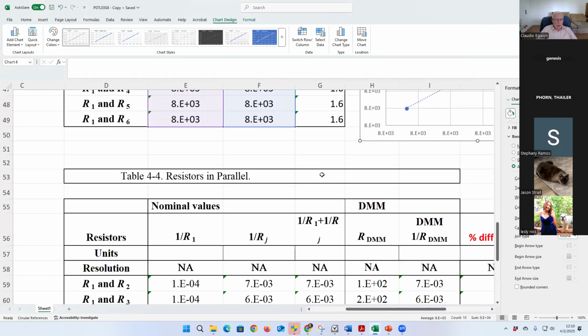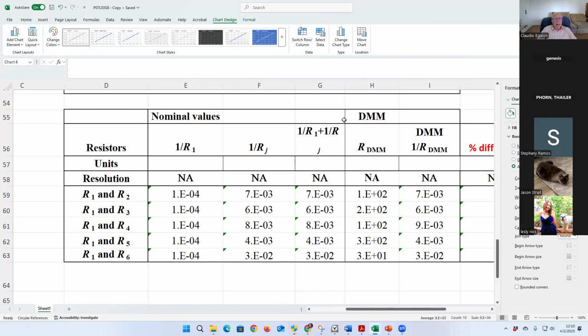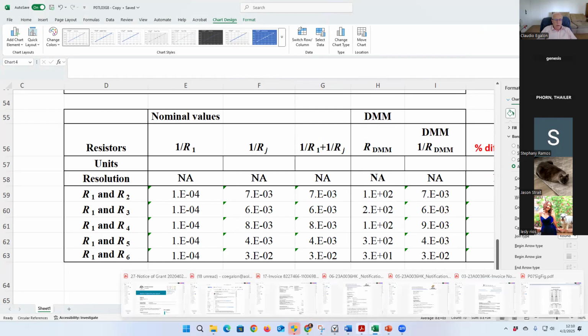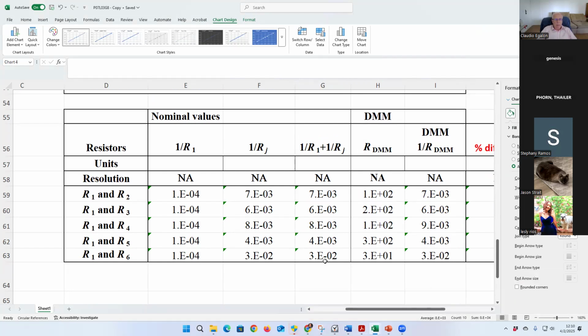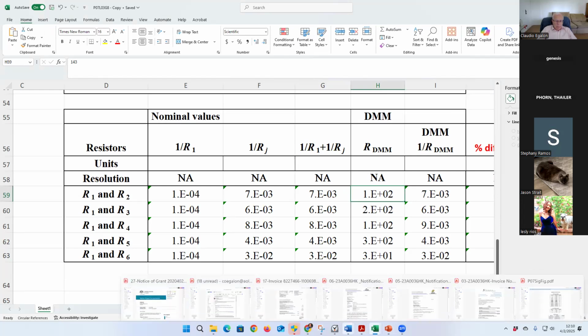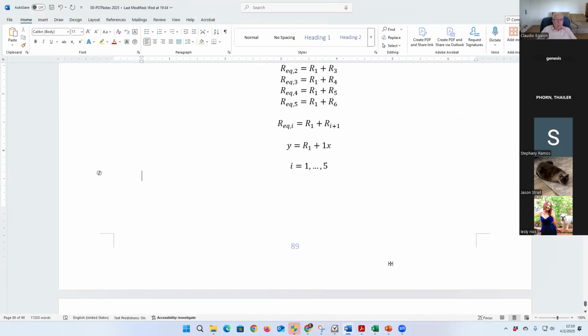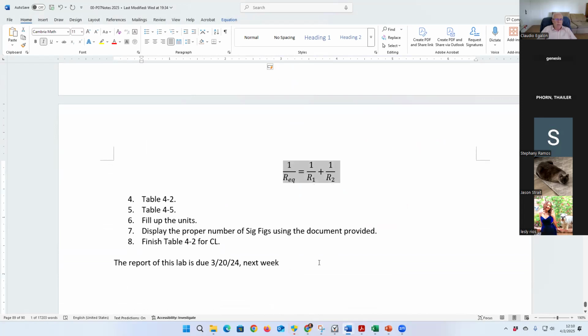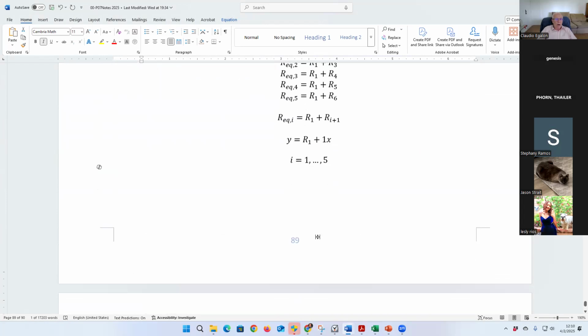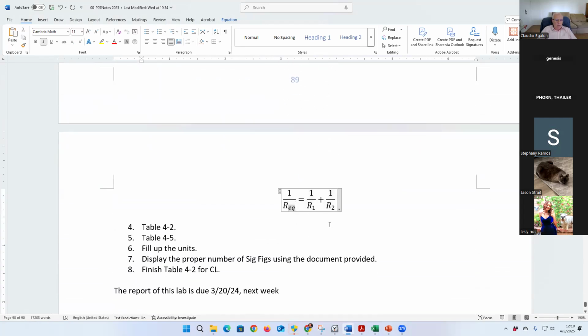What about the resistors in parallel? For the resistors in parallel, we have to be careful how we plot this equation. We cannot plot R of the multimeter versus the R nominal. We have to do something else. We have to remember that the equation is something like that, right? And just like before, here you go.